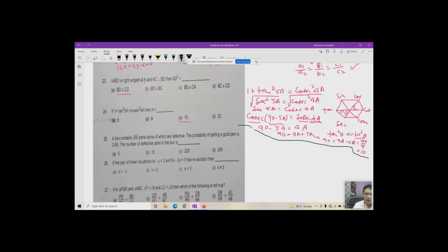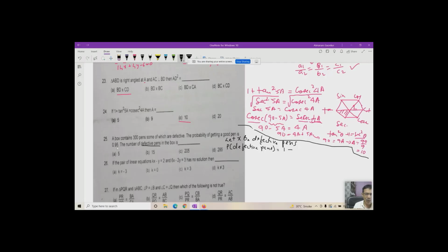See here, you are asked to find the defective pens. So let X be defective pens. If X is defective pens, then what is the probability of pens to be defective? So probability of defective pens is equal to 1 minus probability of good pens.